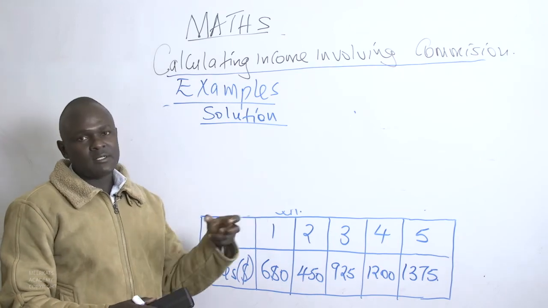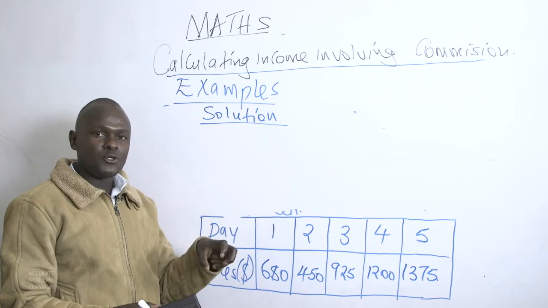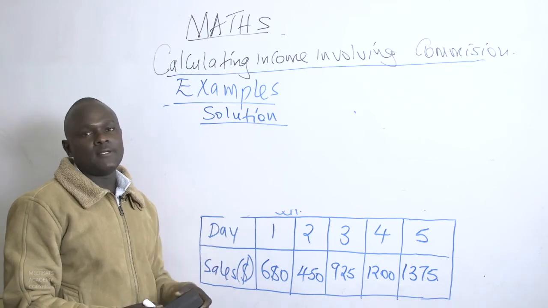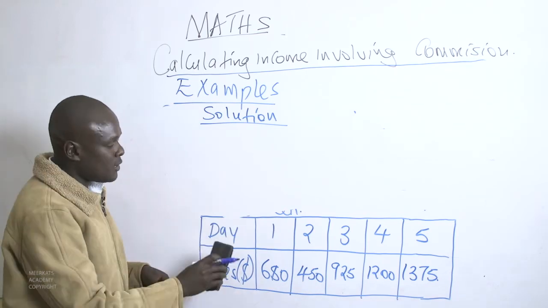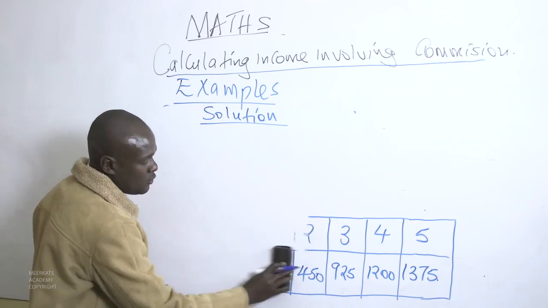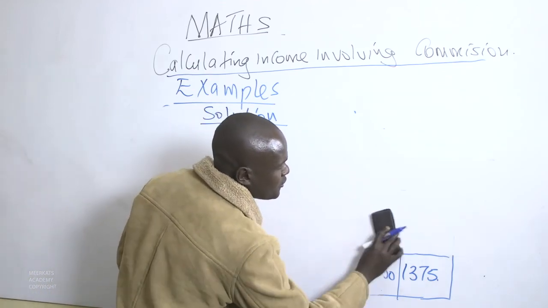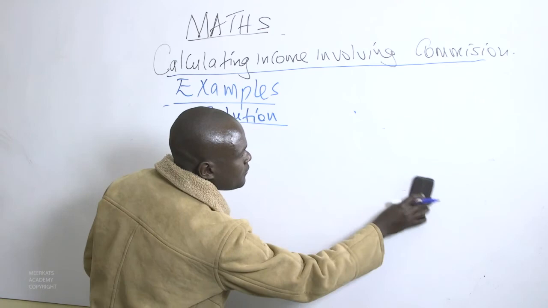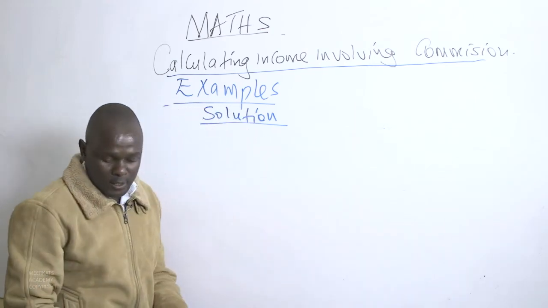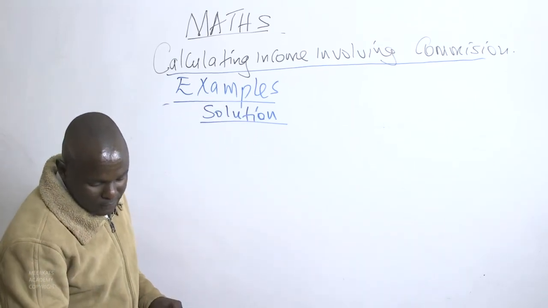And there is a second part where we have the commission being effected. So we are going to look at those two and how they will help us to get the gross income to this person called Jeff.